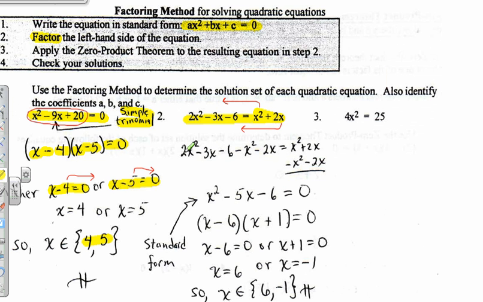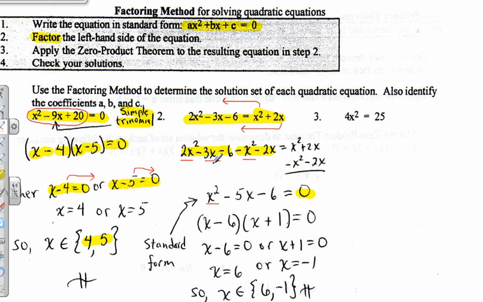You've got 2x squared minus 3x minus 6. That's the original left-hand side. Now I'm subtracting x squared and subtracting 2x. Notice that I get 0 on the right. And when you take the 2x squared and combine it with the subtracted x squared, that leaves you x squared.